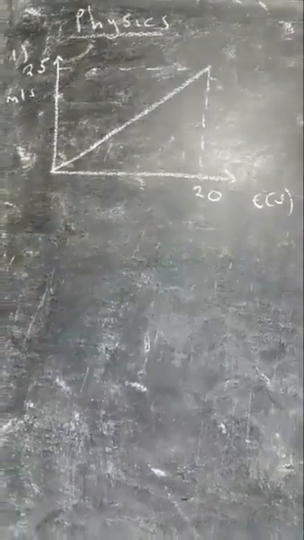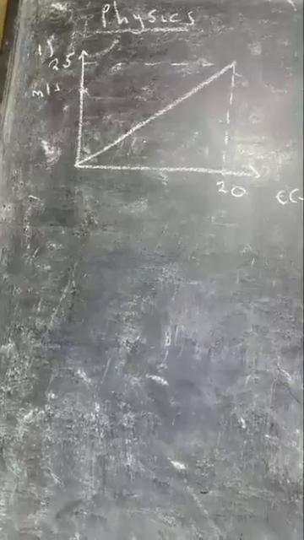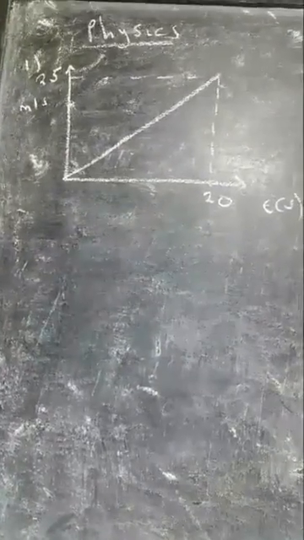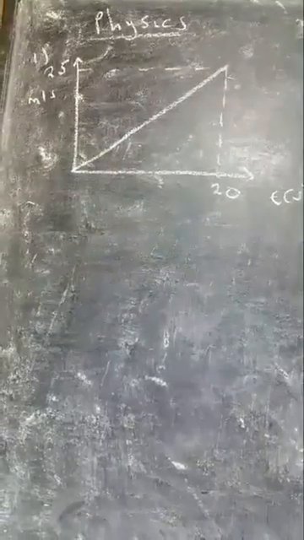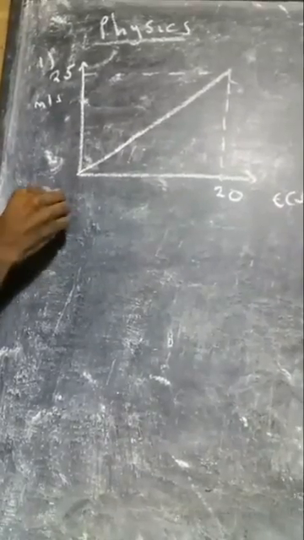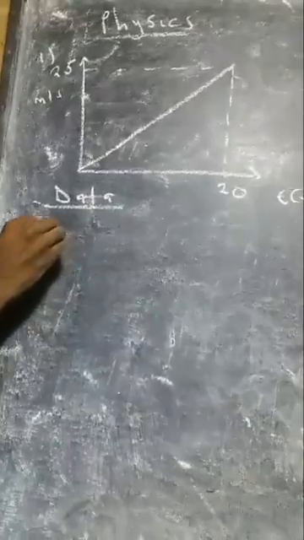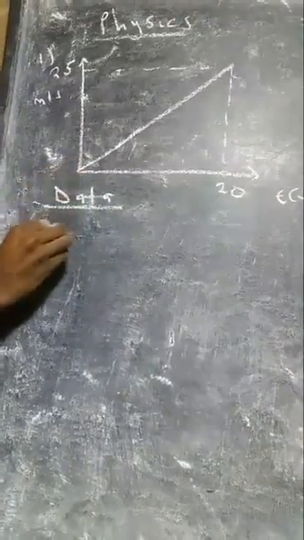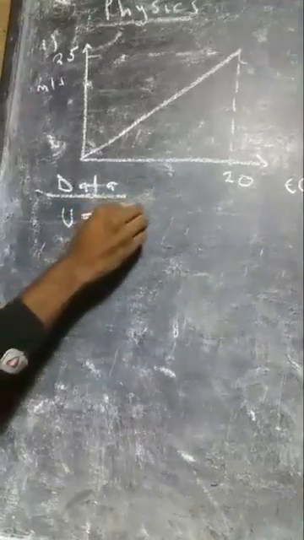So, starting from number 1, we are finding acceleration. For this one, we definitely know that this guy starts from rest, so we can collect our data. He starts here from rest, so that means our initial velocity u is 0 meters per second.